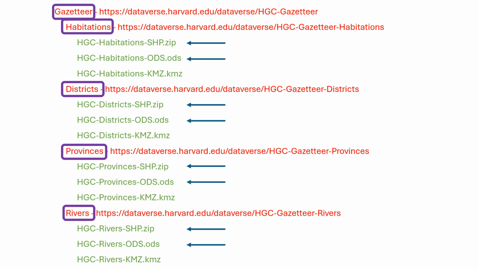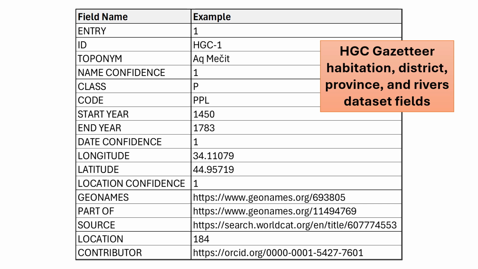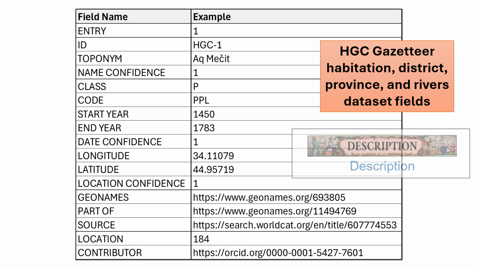An open data spreadsheet file that can be opened in applications such as Excel and LibreCalc. And a KMZ dataset that can be opened in applications such as Google Earth. It should be mentioned that the 4 HGC Gazetteer datasets all have the same 17 fields, as detailed in the description linked on the Gazetteer database homepage.